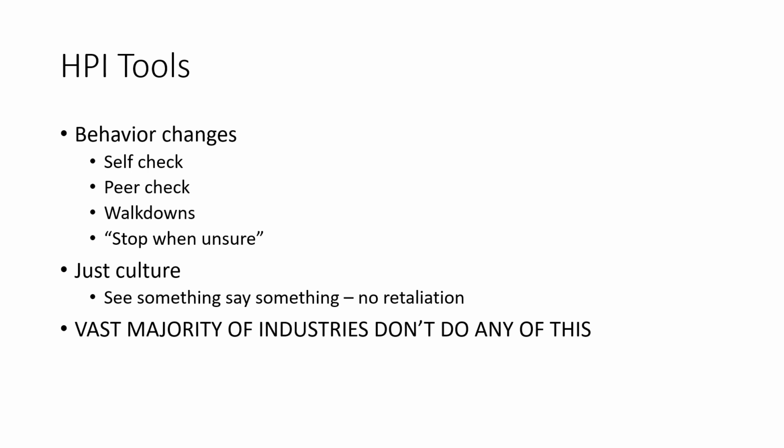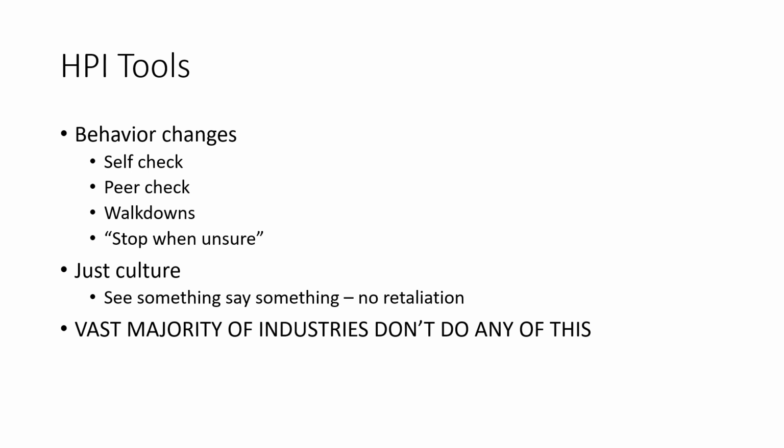Just culture is another term you'll hear tossed around. Just culture was, I think, from the 90s. It was a Boeing executive whose name I cannot ever recall, I think was the first to come up with that term, but it's not a novel concept.